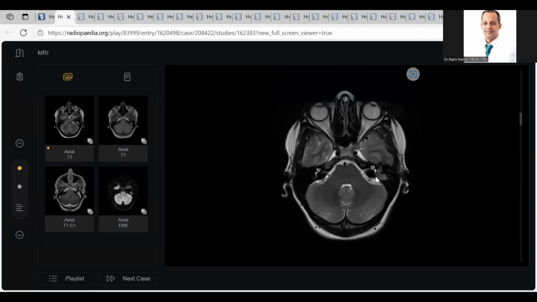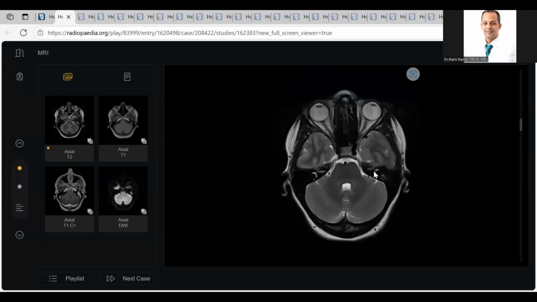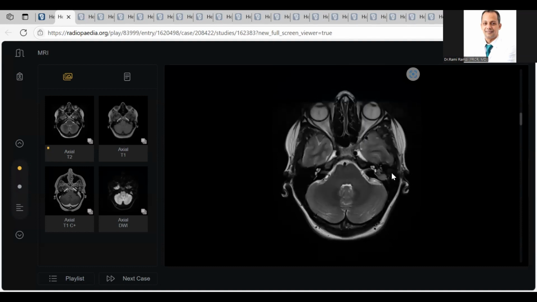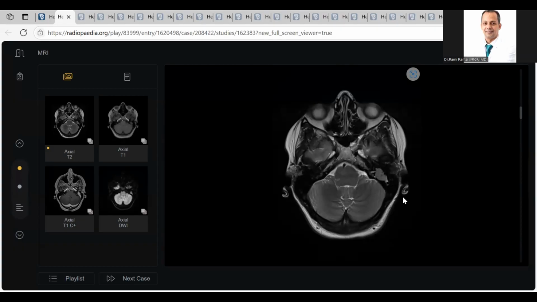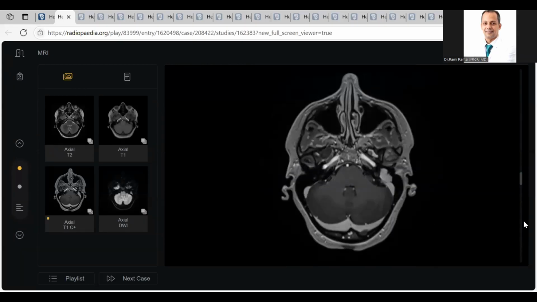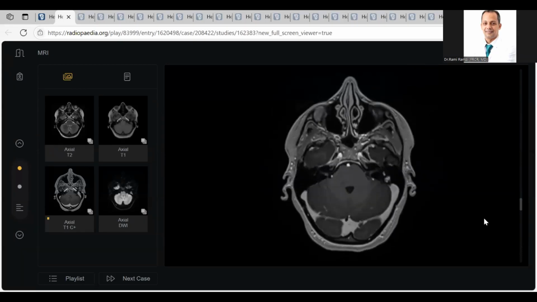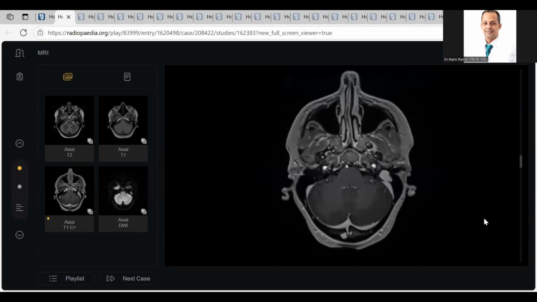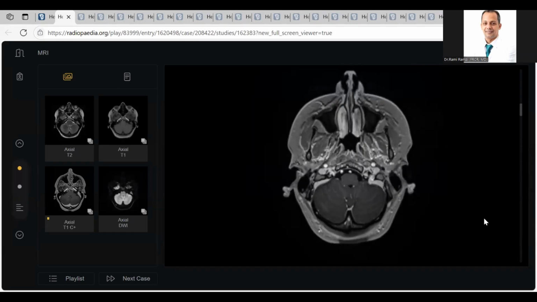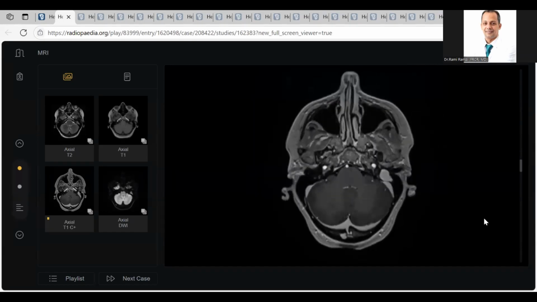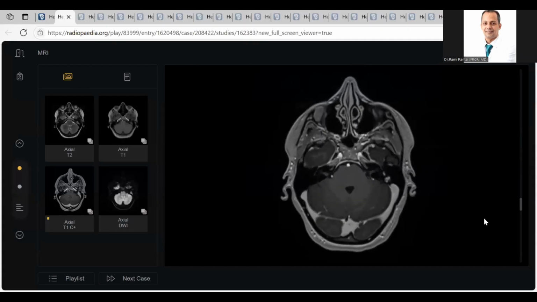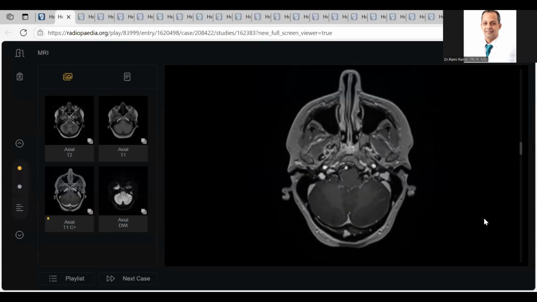The internal auditory canal appears normal, the inner ear cochlea appears normal. I would like to see the T1 weighted images or the post contrast images to further confirm it. This is post contrast. Give me your differential diagnosis. It appears vascular. This can be a glomus tumor. Okay. What else?